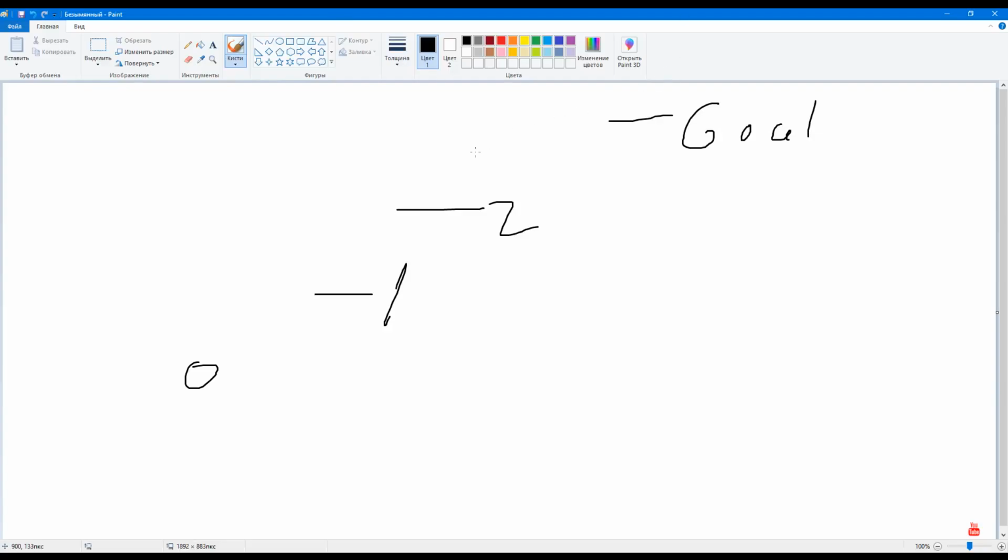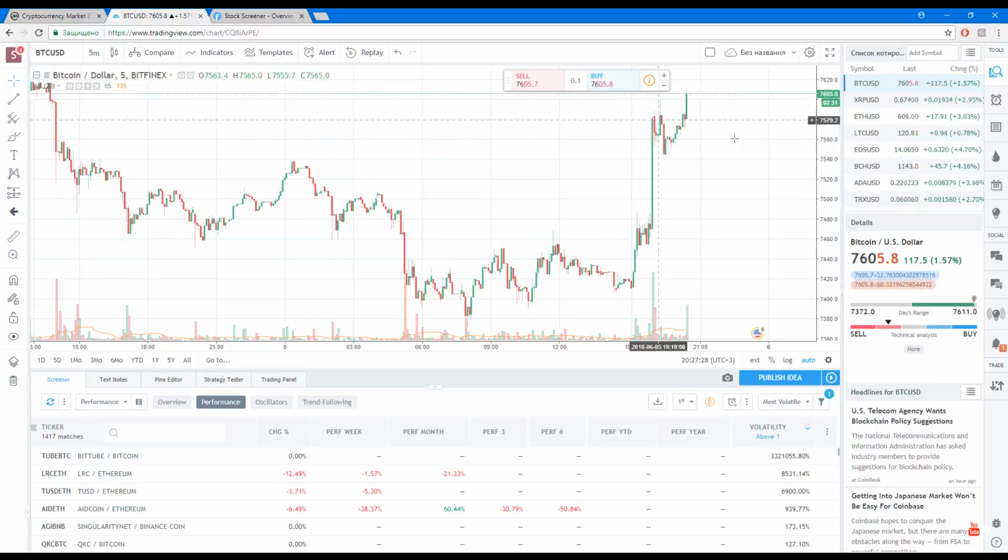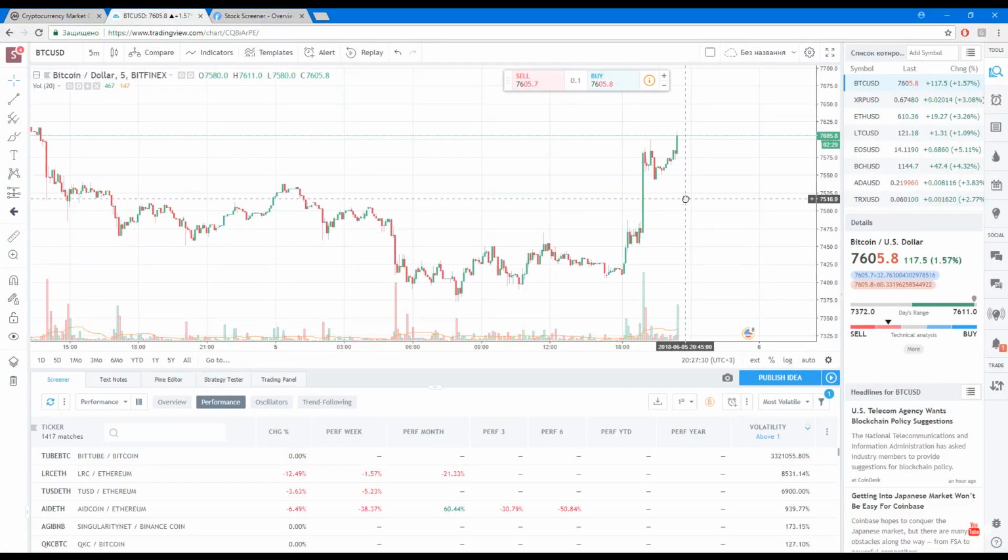Maybe a trailing stop below the 1 hour candle, or maybe 5 or 15 minutes if you're a day trader. For example, in this situation, BTC 5 minutes. After this, if you have a position, your stop will be maybe 7,449.